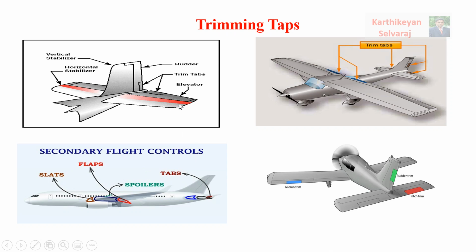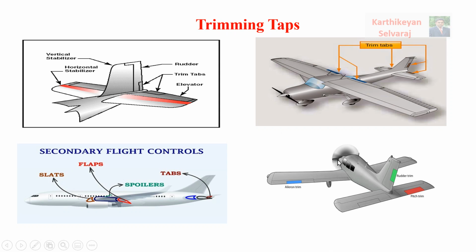Trimming tabs are located on all three primary control surfaces. In this picture, the main wing has a trimming tab, the horizontal stabilizer has a trimming tab, and the vertical stabilizer also has a trimming tab. So trimming tabs are located in all these locations.